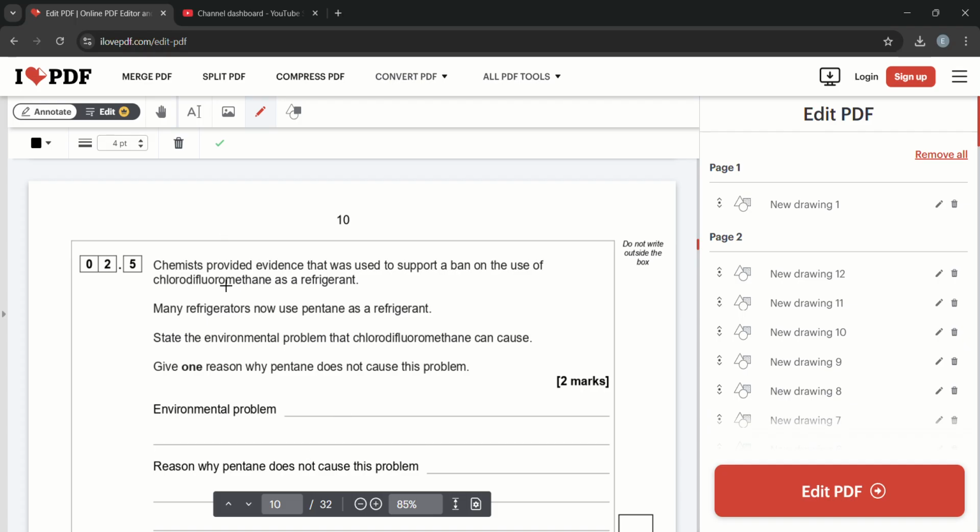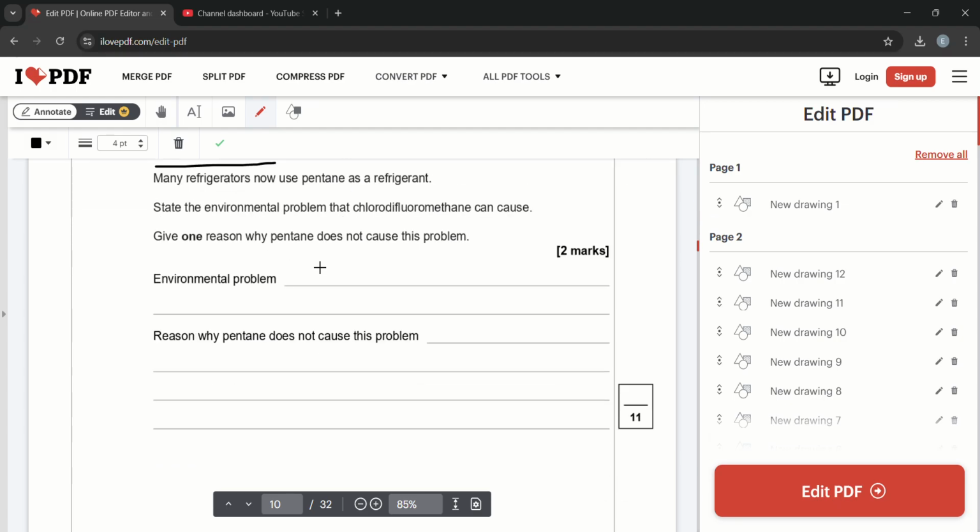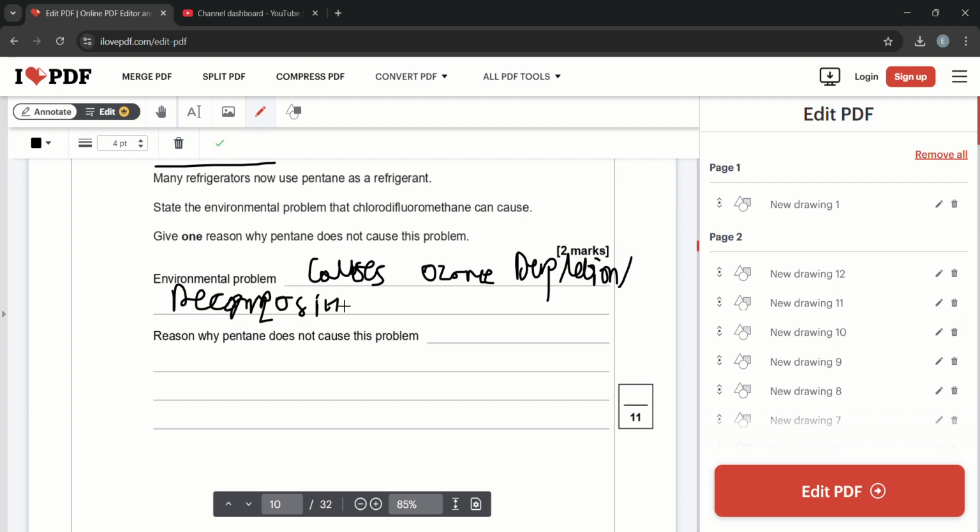The environmental problem is that chlorodifluoromethane causes ozone depletion / decomposition.